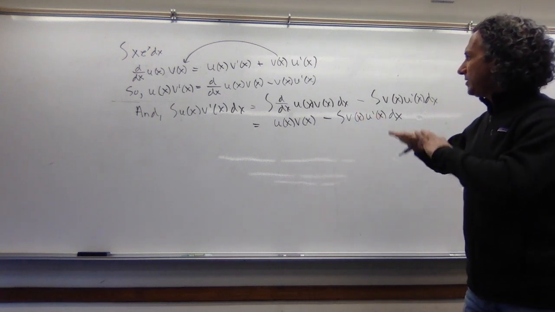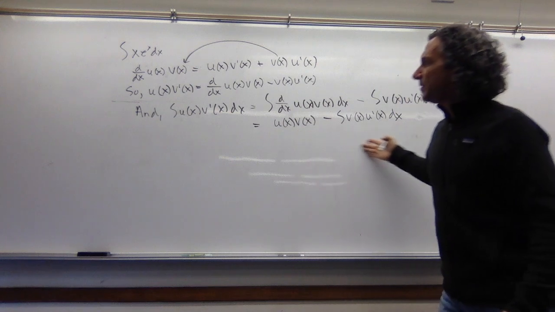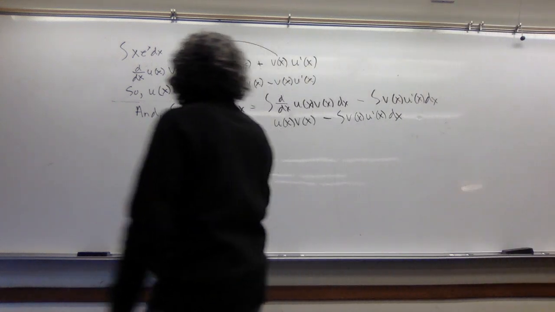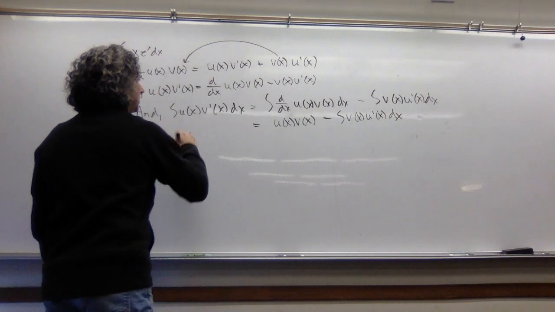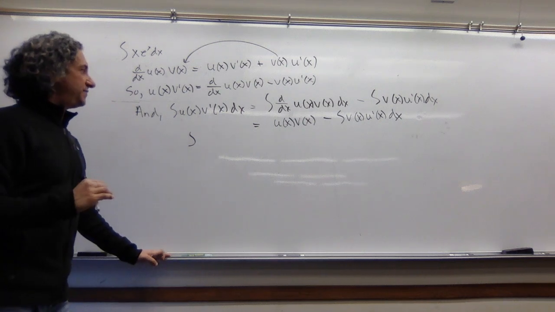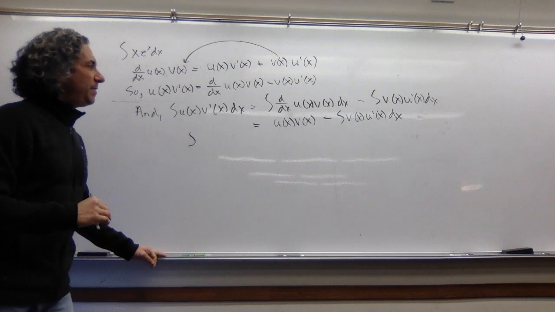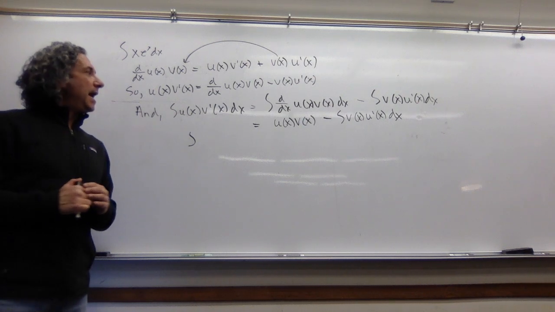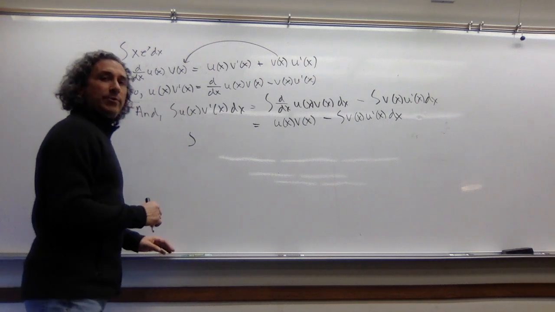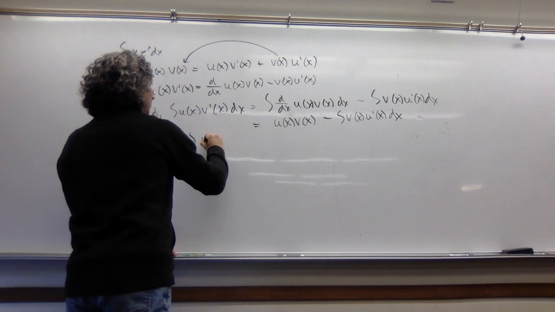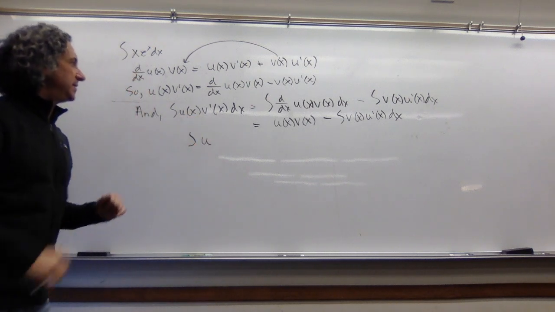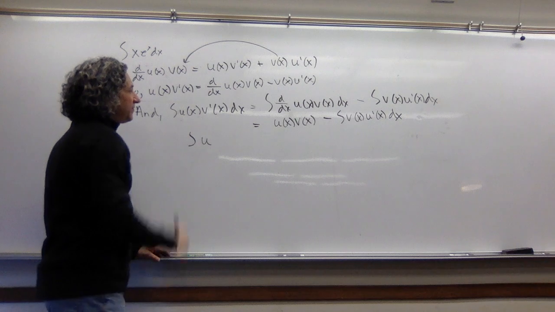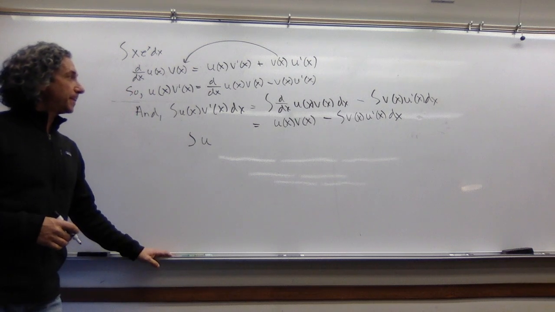Before I do that directly, let me tighten up this formula in the way that it's typically written, by suppressing the x values. Some of you may have seen that suppressing the x when you did implicit differentiation. If you haven't seen that or you forget what it is, we're just going to not write x, just to tighten everything up here. So instead of u of x, I'm just going to write u.